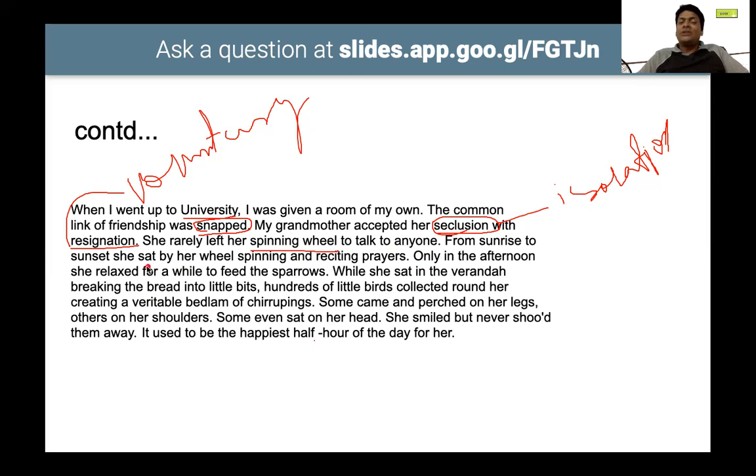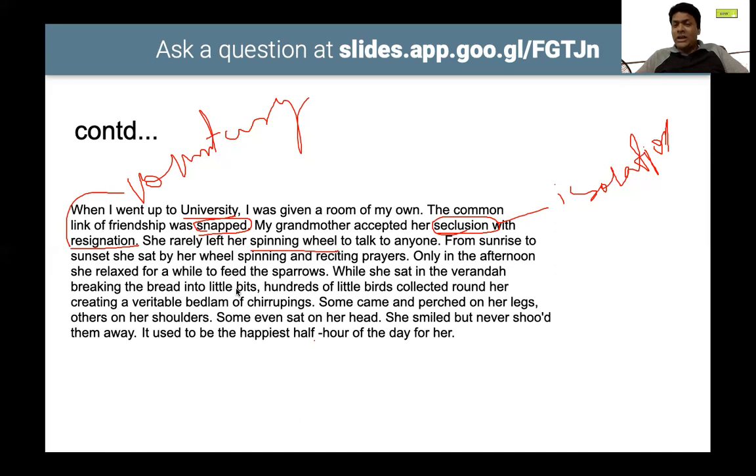From sunrise to sunset, she sat by her wheel, spinning and reciting prayers. So what is her daily work now? Her daily work from sunrise to sunset was nothing but wheel spinning, using the spinning wheel to weave cloth, and also reciting prayers.